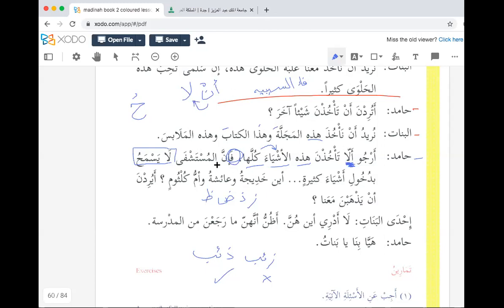Because inna al-mustashfa is ismu inna. You can't see the fatha because there's alif maqsoor. La yasmahu, does not permit, bidukhuli, harful jar, kasra, ashya'a kathiratin. Why is this fatha on ashya'a?